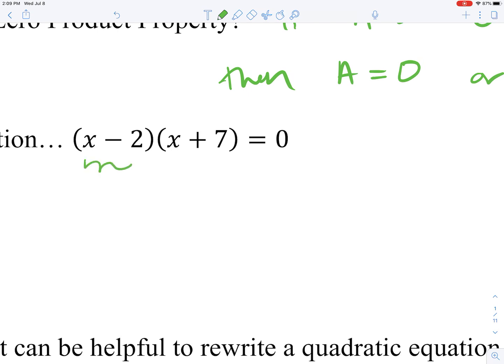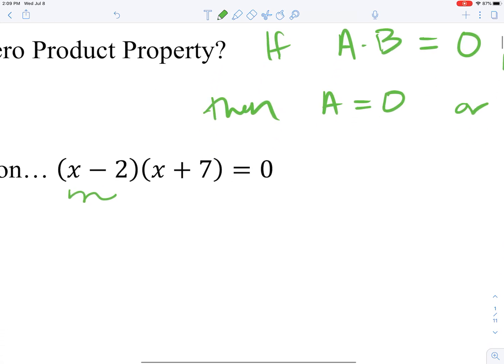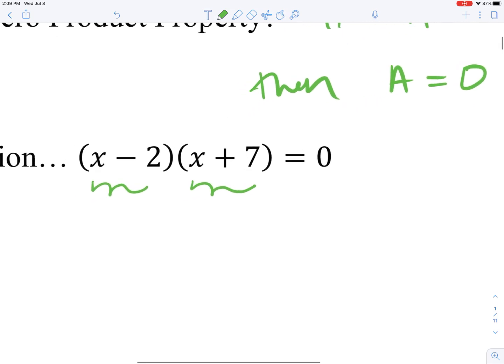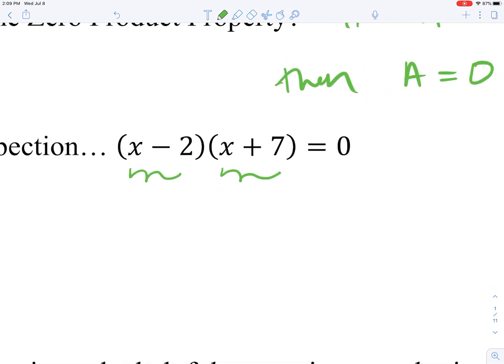So looking at this equation that I have here, the quantity x minus 2 times the quantity x plus 7 equals 0. If we think of x minus 2 as being one factor, like A above, and x plus 7 as being the second factor, B, we can determine just by inspecting what values would make each of those factors equal to 0.